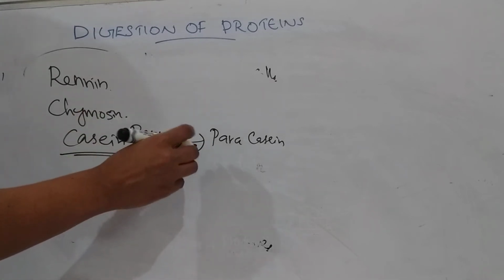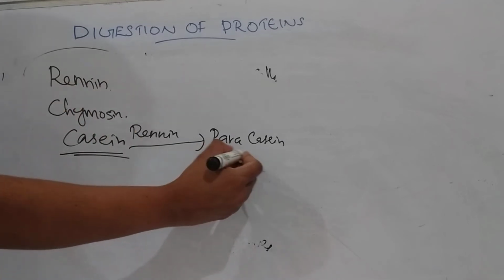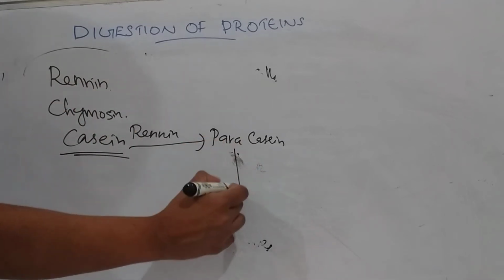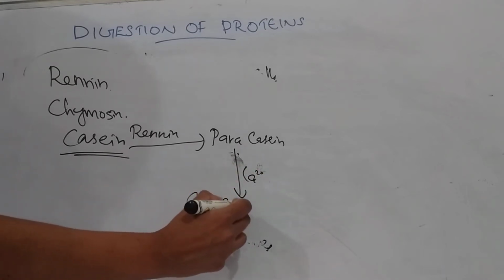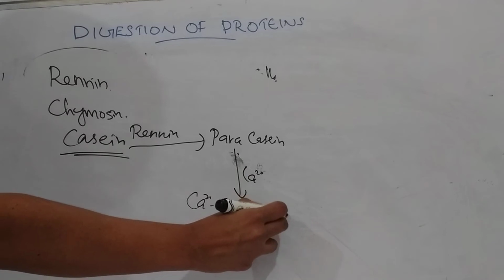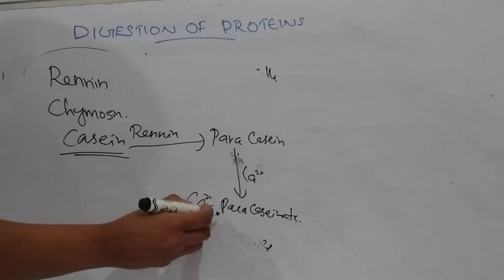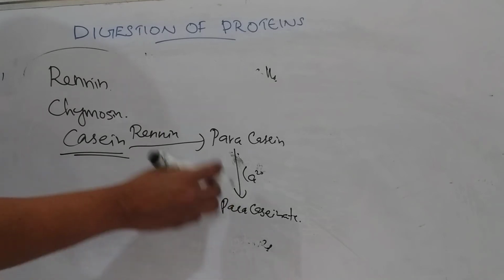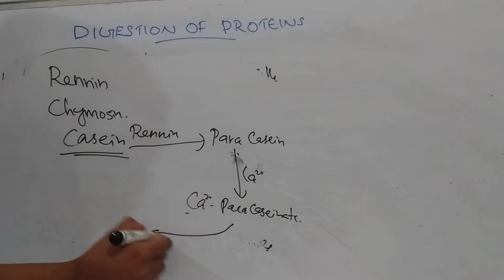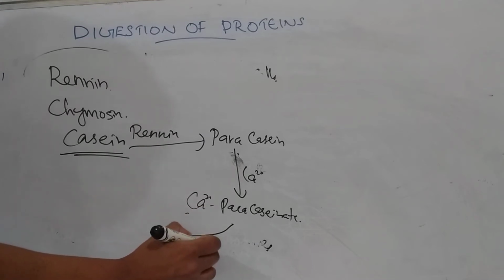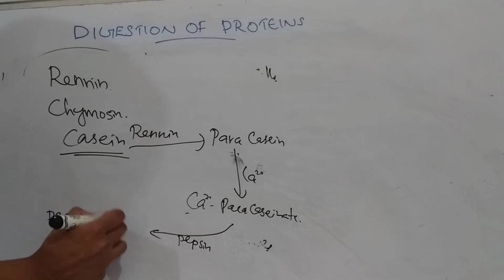In the presence of calcium, paracasein is converted to calcium paracaseinate, a curd-like substance. This calcium paracaseinate can be digested by pepsin and it forms peptones and proteoses.